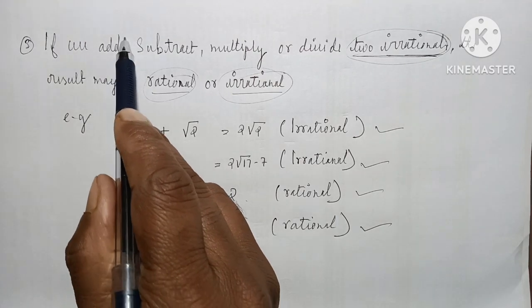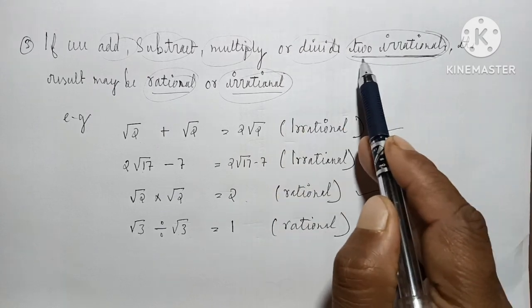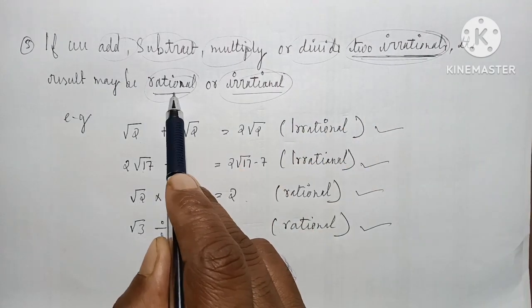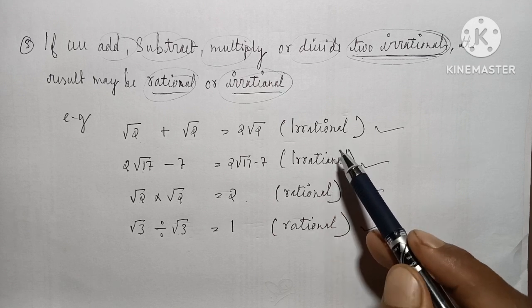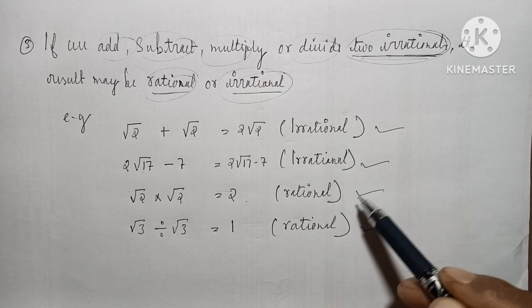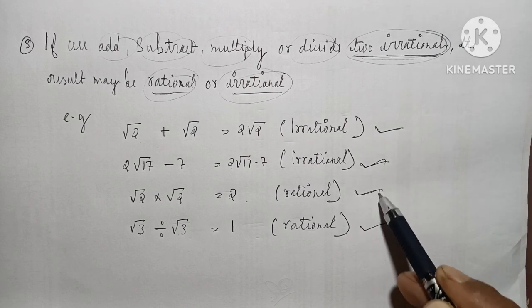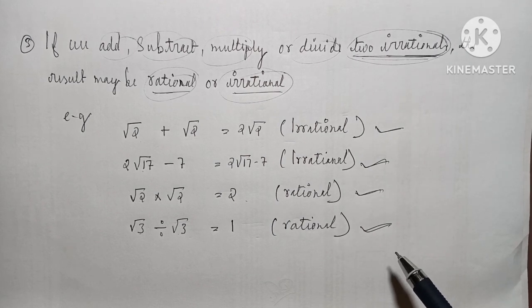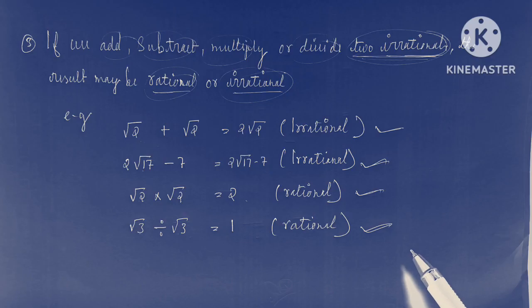Means if we add, subtract, multiply or divide any two irrationals, it may be rational or irrational. Here is the example you see. Here we add, subtract, multiply and divide. Sometimes we get irrational and sometimes rational. In this way, these are the three important points based on rational and irrational numbers.